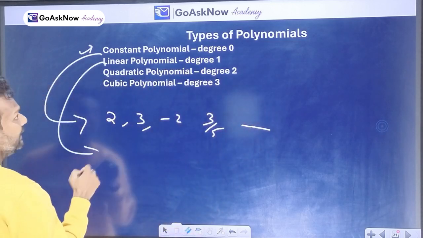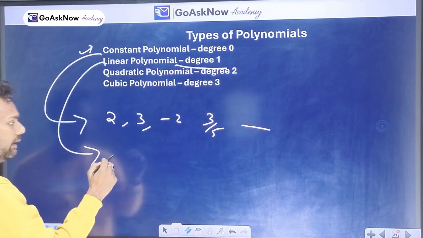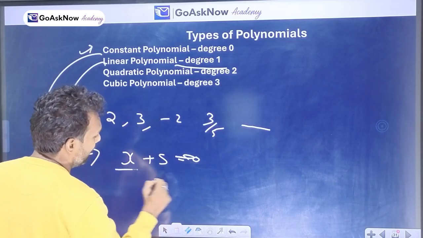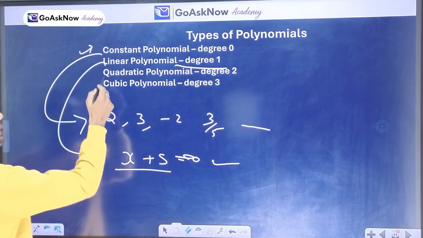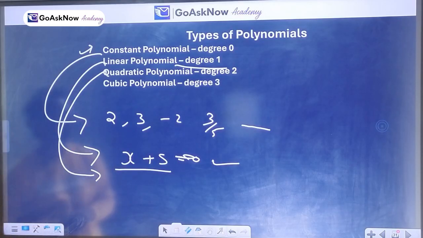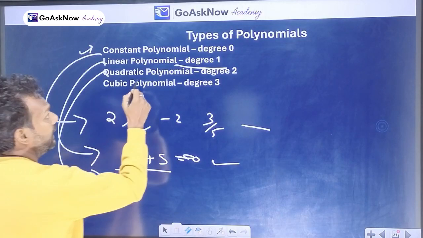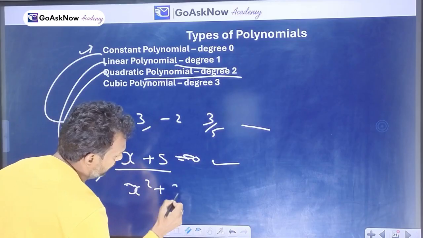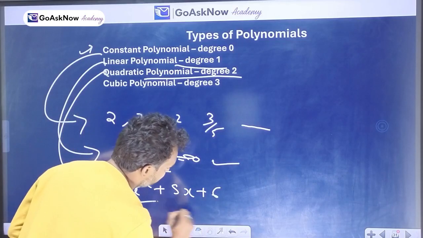Linear polynomial, when the degree of the variable is 1, meaning x plus 5 is a polynomial. When the degree of a polynomial is 2, then we will say that this is a quadratic polynomial. For example, x squared plus 5x plus 6.